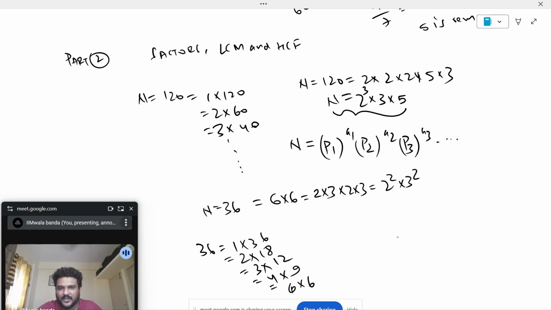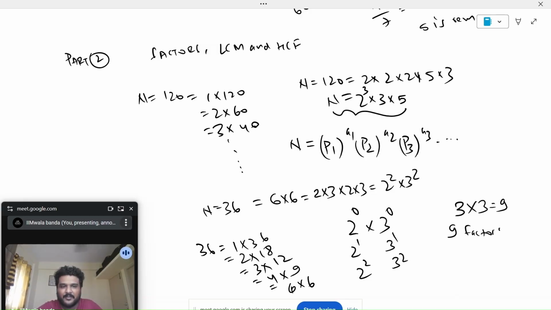There's so many ways of writing this, correct? Now look at it. Every time 2 takes powers and interacts with 3 with any power, we actually get a factor. So 2 can take 0, 2 can take 1, 2 can take 2. 3 can take 0, 3 can take 1, 3 can take 2. They have all the choices. So 2 has 3 choices, 3 has 3 choices. Total, there will be 9 combinations. So 9 factors will be there.